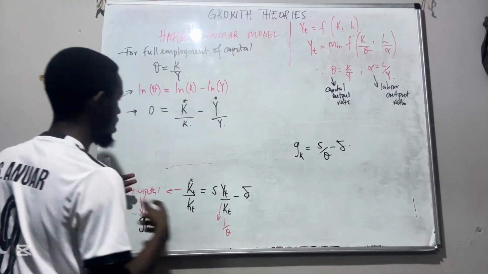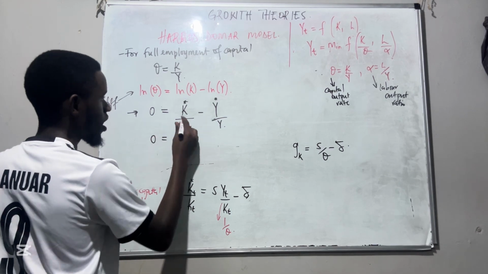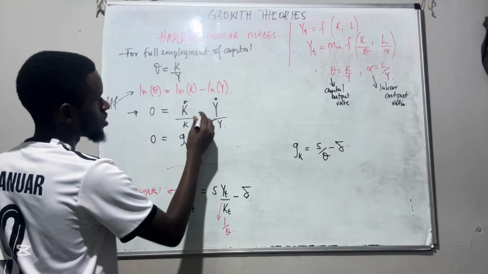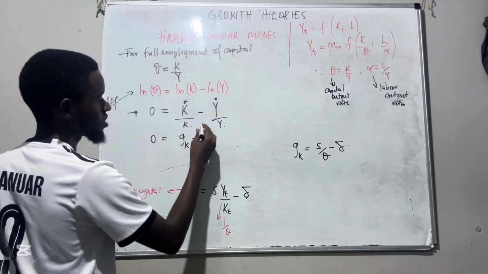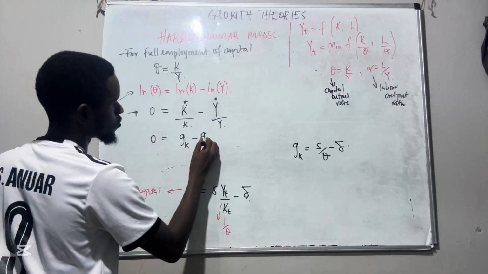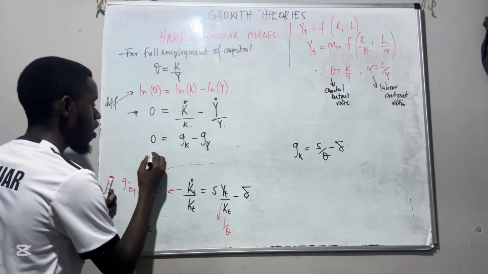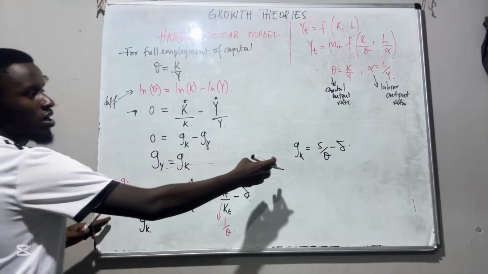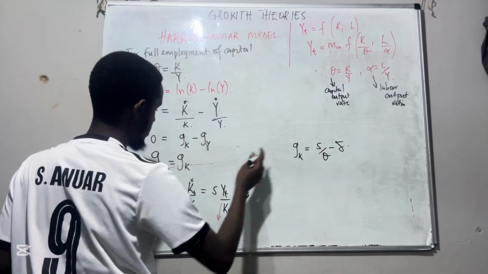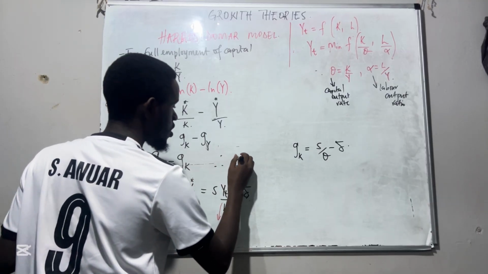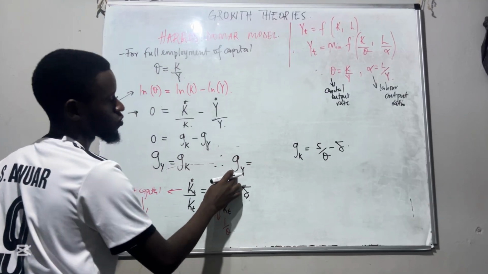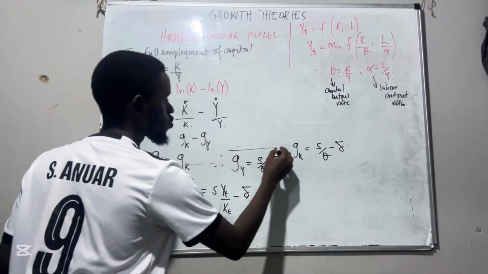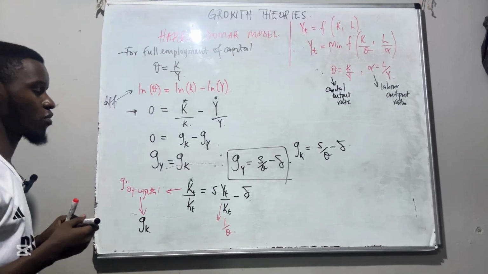From this statement, 0 equals GK, growth rate of capital, minus GY, growth rate of output. Therefore, GY equals GK, but remember GK equals S over theta minus sigma. And therefore, I conclude that GY, growth rate of output, equals S over theta minus sigma. And I have proved my Harrod equation.